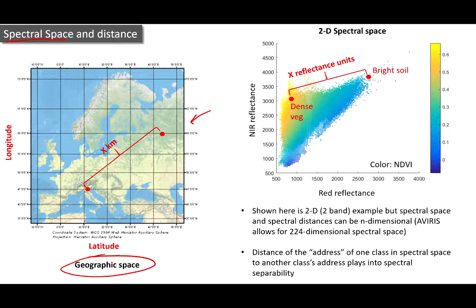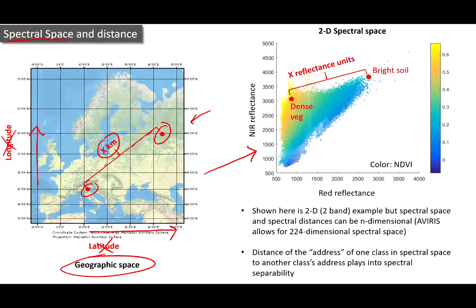Space is the distance between places: going from Venice to Moscow, you're traversing some amount of longitude and some amount of latitude. Those are flipped, right? And ultimately you're moving some number of total kilometers in geographic space.